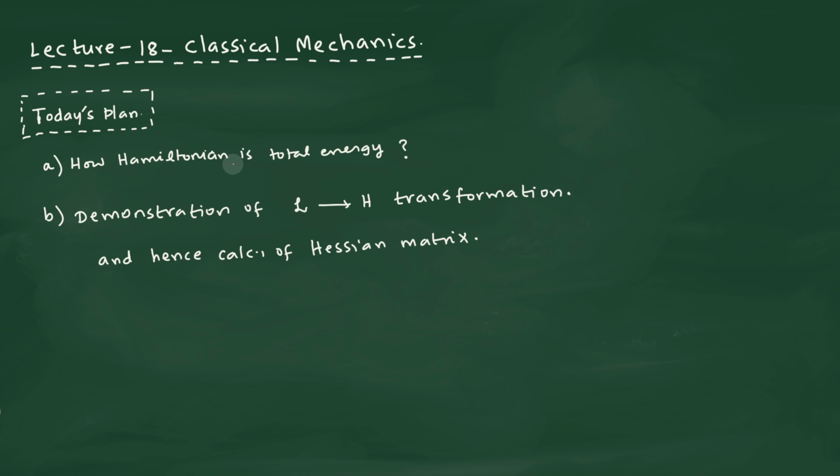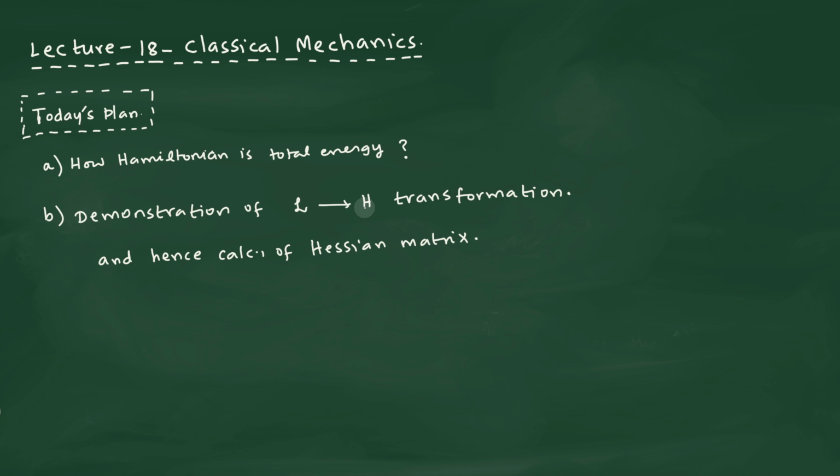Today's lecture plan is that before entering into details on the Poisson bracket itself, let us have more clarity on the calculation of the Hamiltonian, because we have been discussing the Legendre transformation for some time, and the Legendre transformation helps to convert the given Lagrangian to the Hamiltonian.